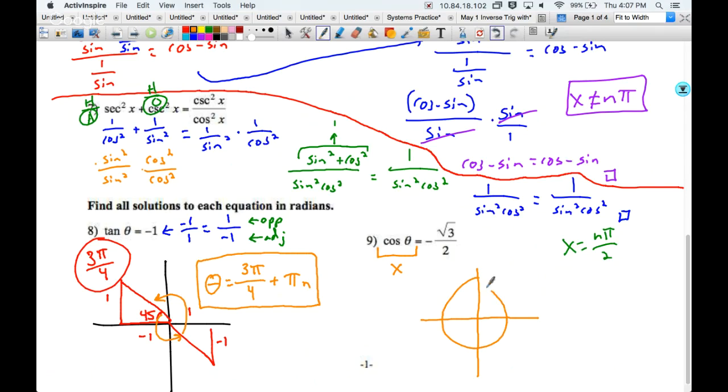And I've spotted one of them. It's right here at the angle of 5 pi over 6. So 5 pi over 6. Our x value is -√3/2. And the other one is 7 pi over 6 right there. All right, and then both of those need to get a plus 2 pi n, and you've got the full answer.